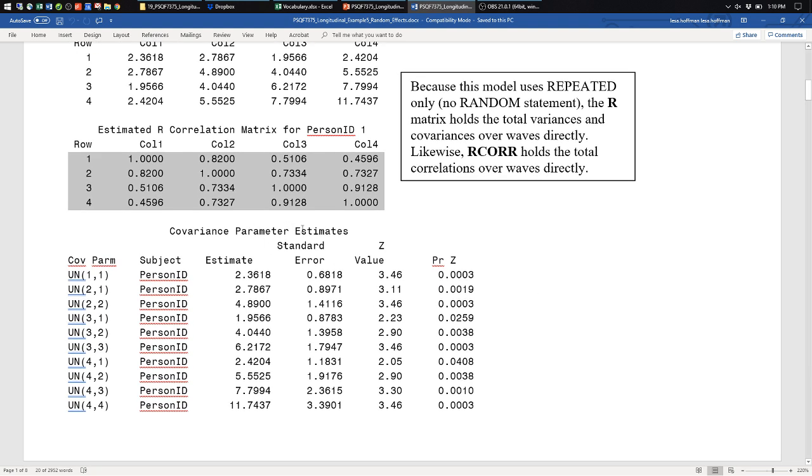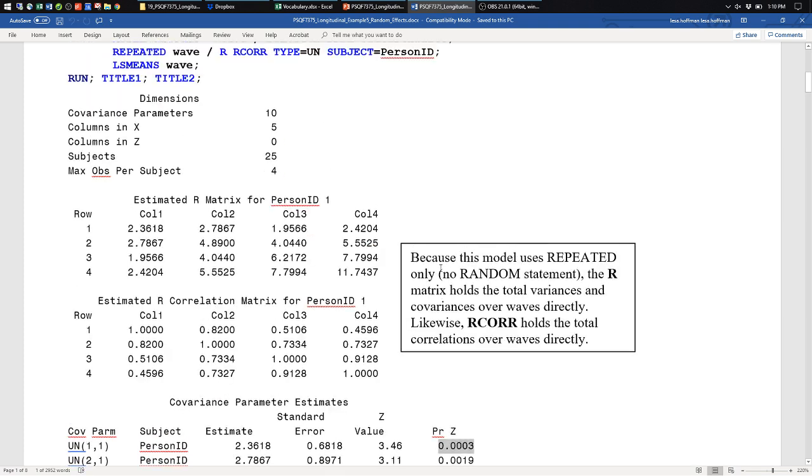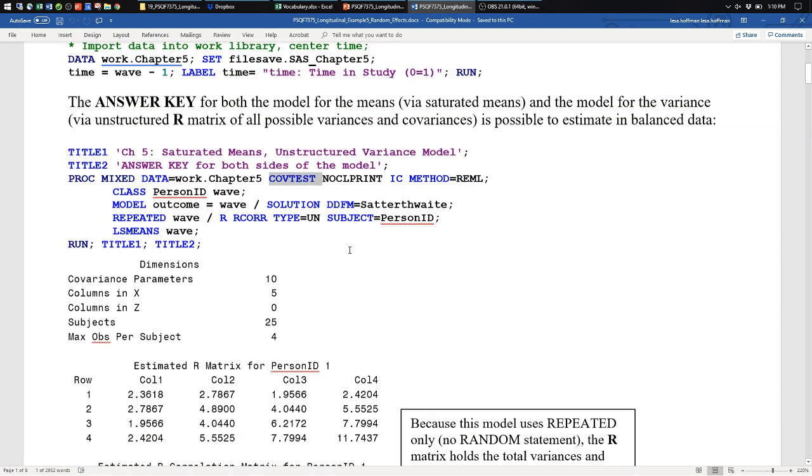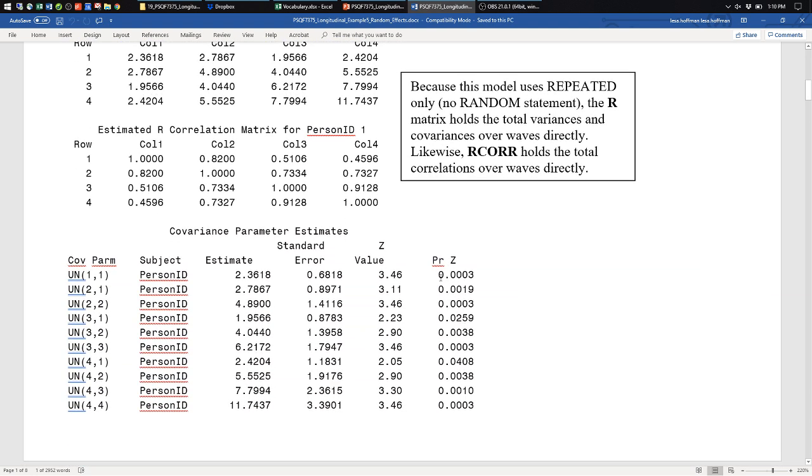This covariance parameter estimates table comes with standard errors, z statistics, and a p-value that goes with this z. That's what this cov test option added. But I'm here to tell you, this Pr > Z column right here, you are never, ever, ever allowed to look at it. Pretend it's not there.